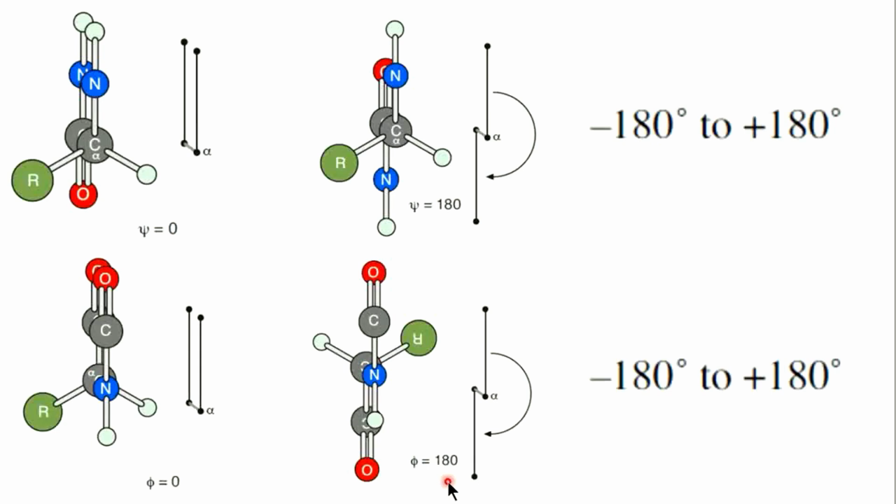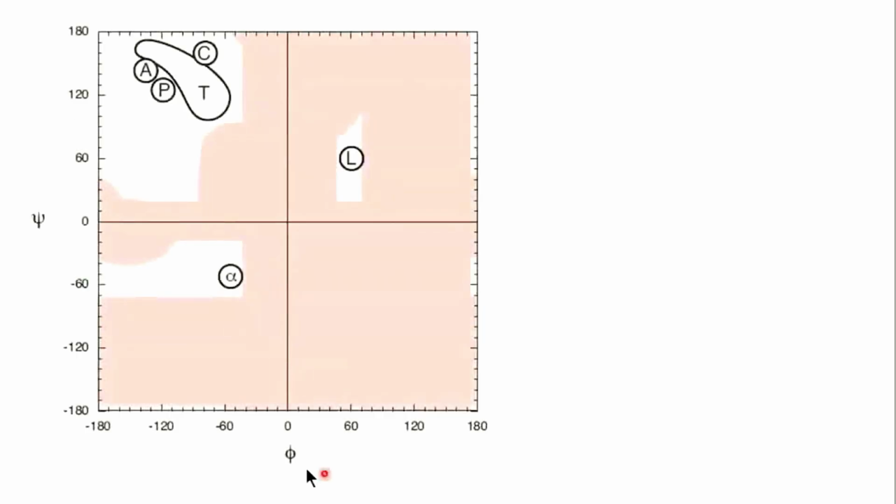So the graph between the values of phi and psi is called as Ramachandran plot. So Ramachandran plot is nothing but on x-axis we are having the values of phi from minus 180 to plus 180, and on y-axis we are having the values of psi from minus 180 to plus 180. Now we have divided this graph into four quadrants.